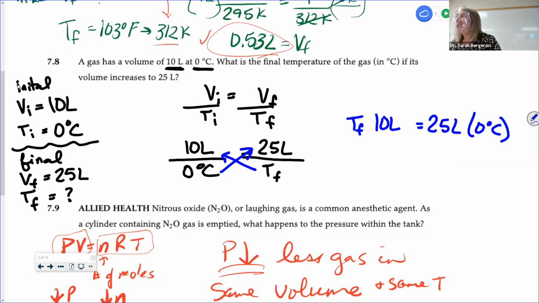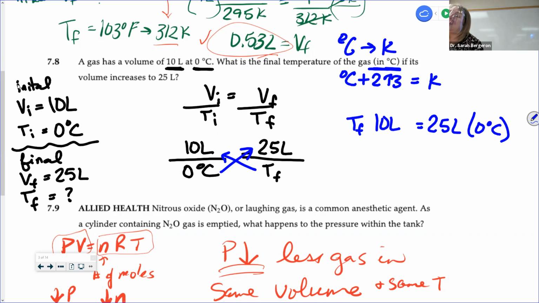So what do we have to do here? Convert it to Kelvin, but then before you give your final answer, convert it back. So how do we convert degrees Celsius to Kelvin? We add 273, and we get our temperature in Kelvin.